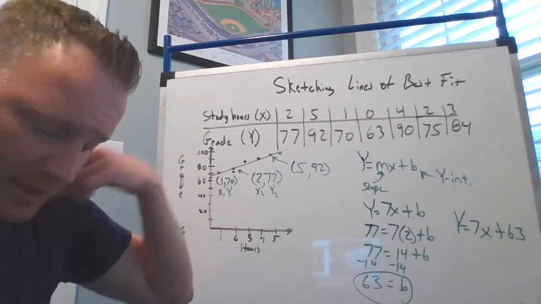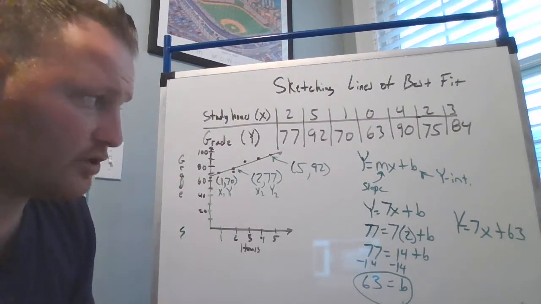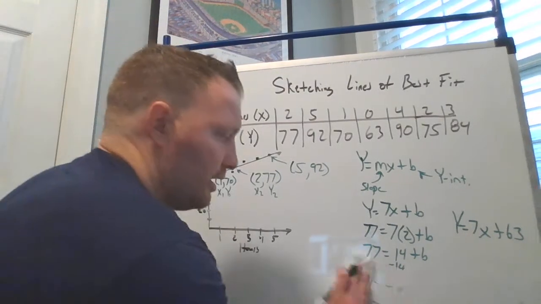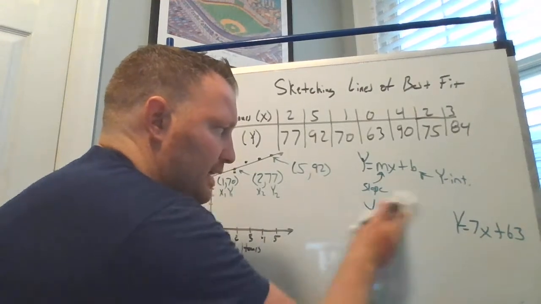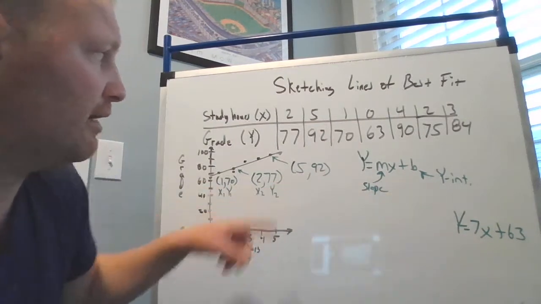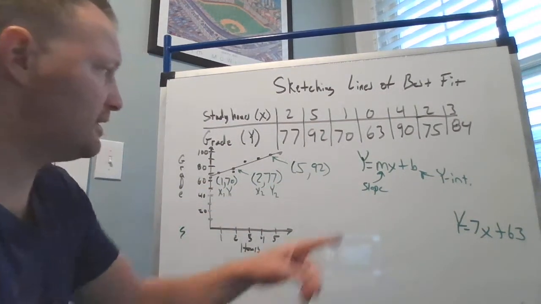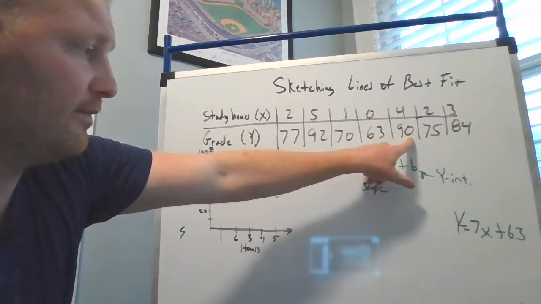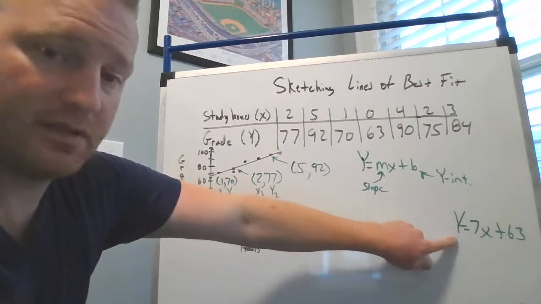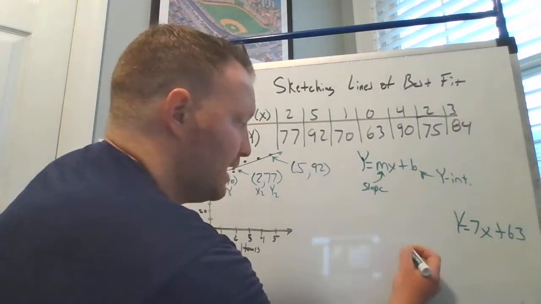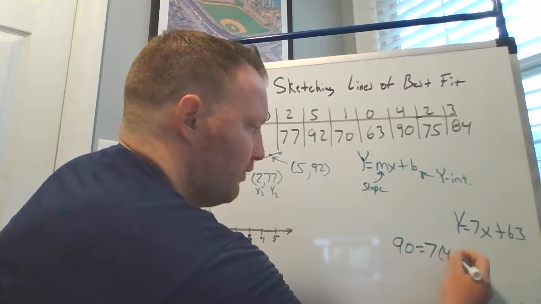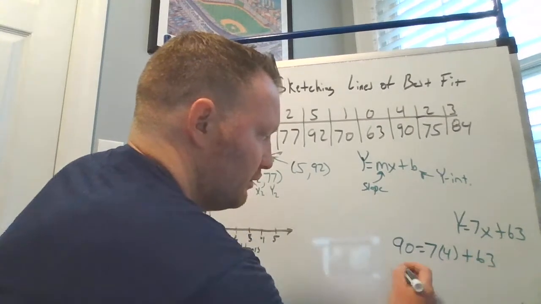Now, in today's work, it's going to ask you to find the residual. And what that means is the actual minus the predicted. Okay? So I'm going to go through that right now with you. Let's see how accurate this actually is. This is our data. This is our estimated line according to our line of best fit. So here's what you do. Let's take this one, 4, 90. Okay? We already know that this is the actual. Now let's use this equation to find the predicted. So y equals 7 times 4 plus 63.